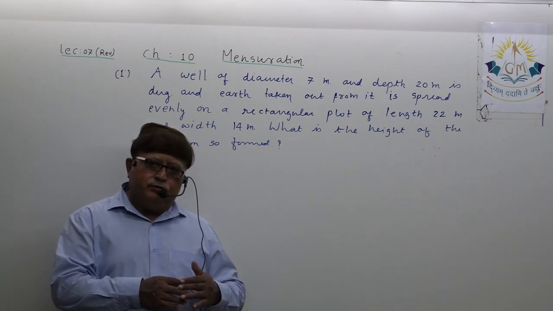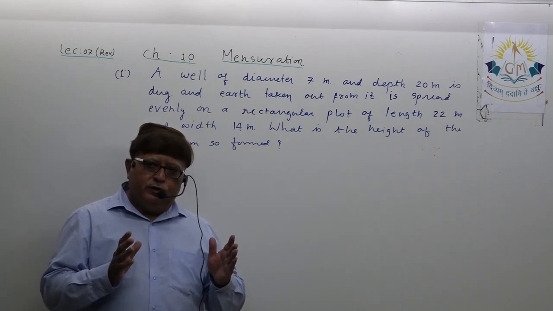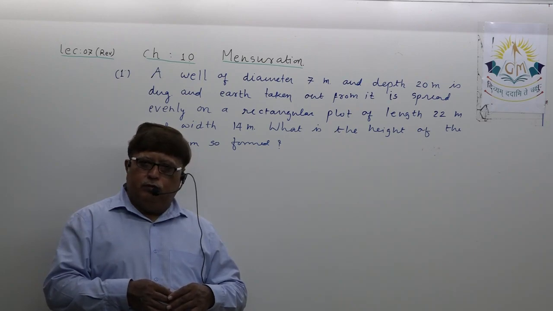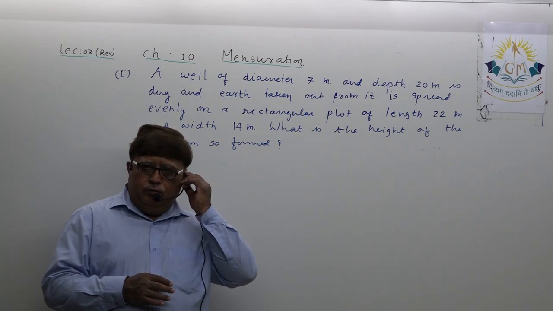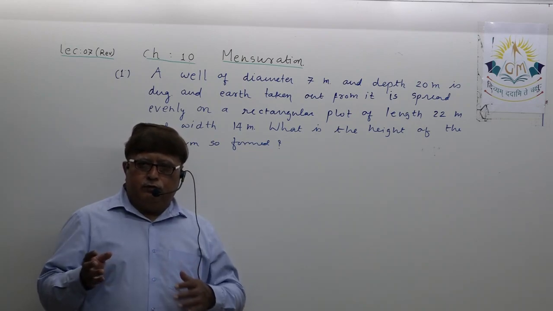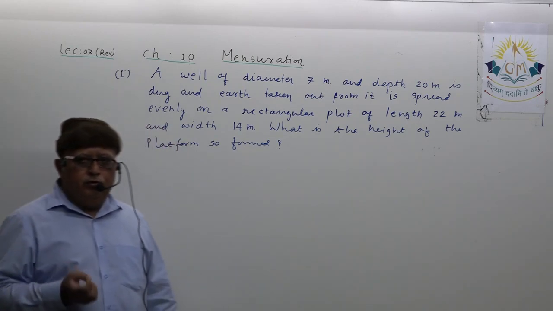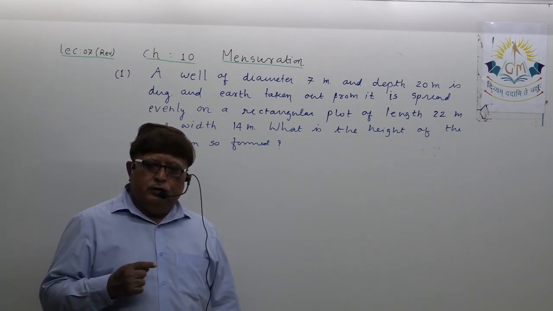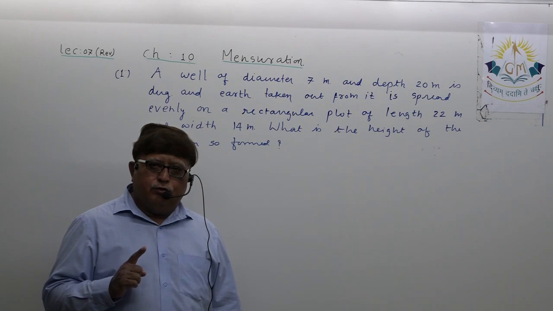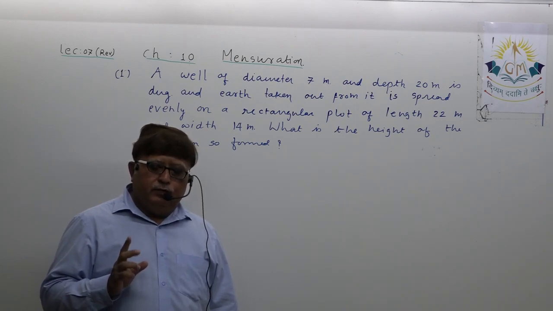That means this is an example of comparison of two volumes. First, the volume of the cylindrical well. Second, the volume of the cuboidal platform.